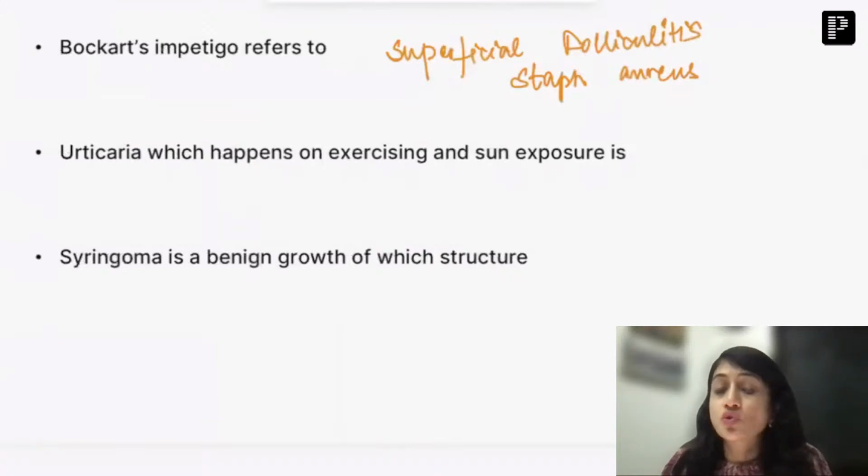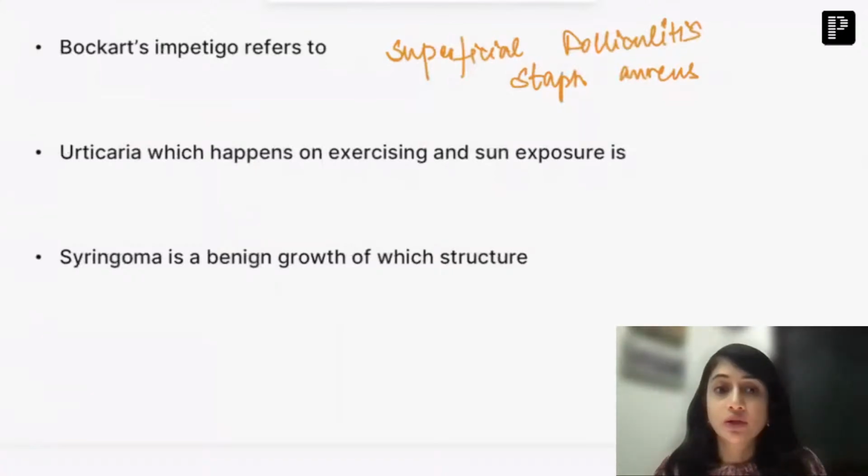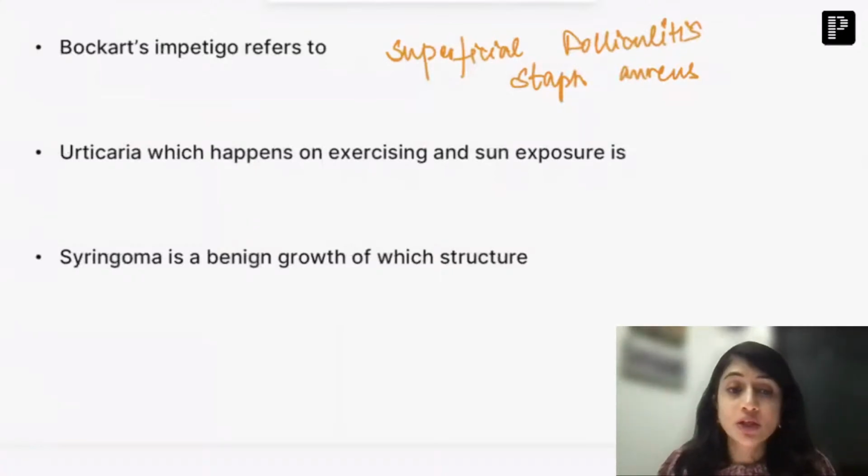It refers to superficial folliculitis, which is caused usually by Staphylococcus aureus. Right? So that's why I have put in here, don't confuse it. It's not a type of bullous impetigo or it is not a type of impetigo contagiosum. These all questions have been asked previously in the exam. Right, it is superficial folliculitis. Moving on to the next question.